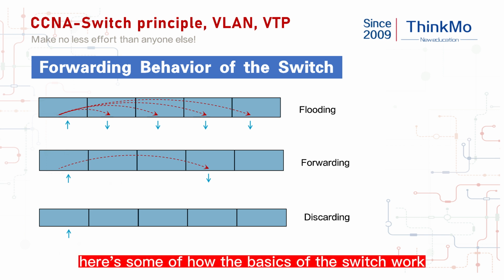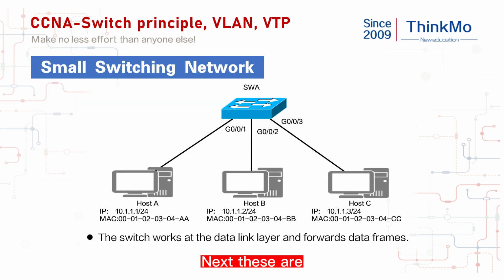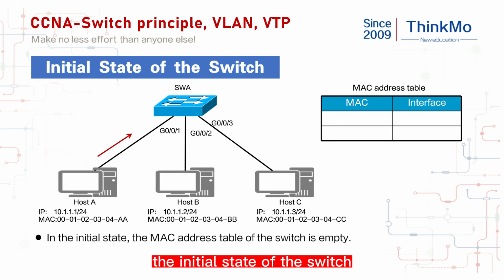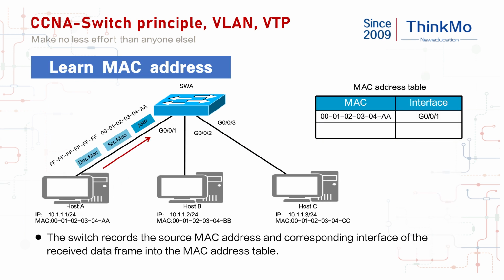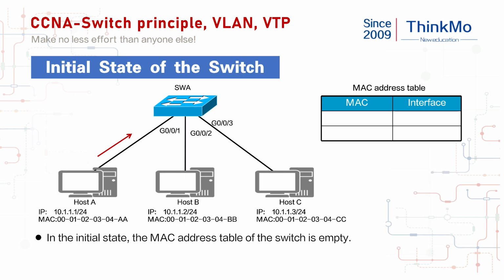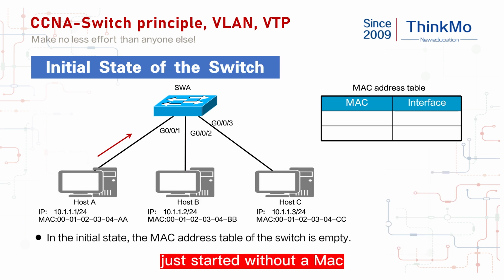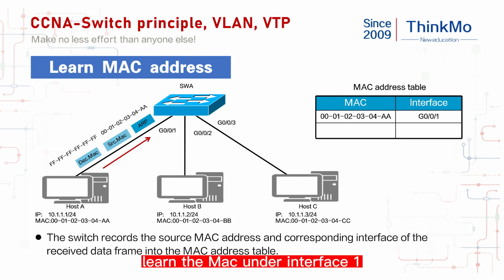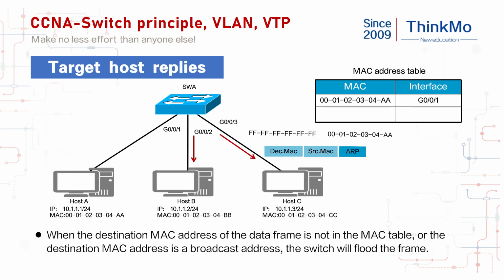Here's some of how the basics of the switch work. Next, these are: forwarding data frames, the initial state of the switch, learning MAC addresses. Let's take a look. Just started, without any MAC entries, a data is sent. It learns the MAC under interface 1, then broadcasts. This is an ARP request. Obviously sent.